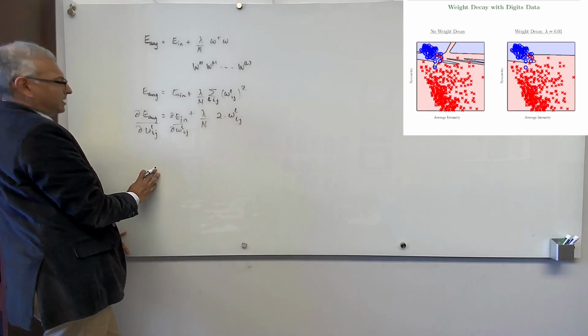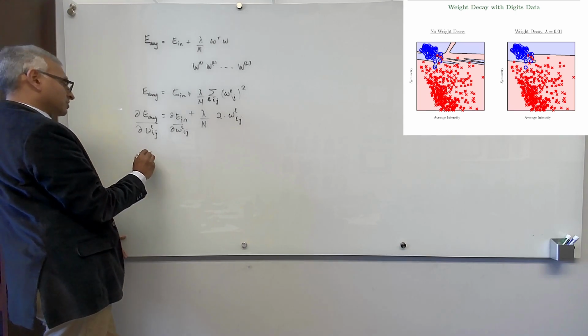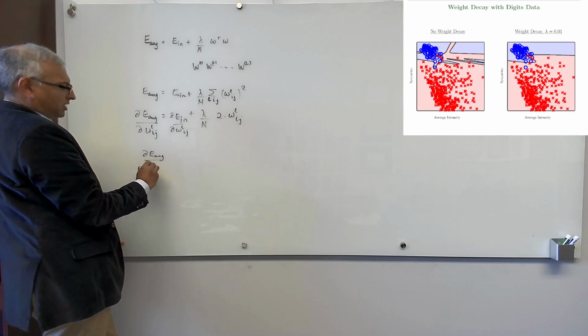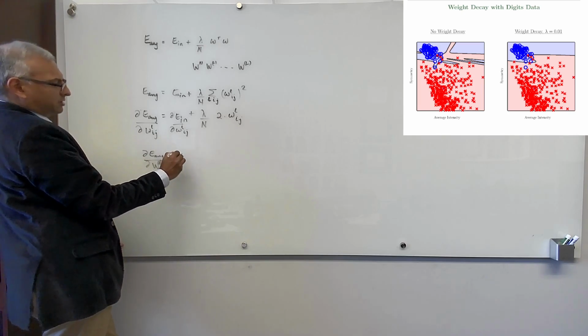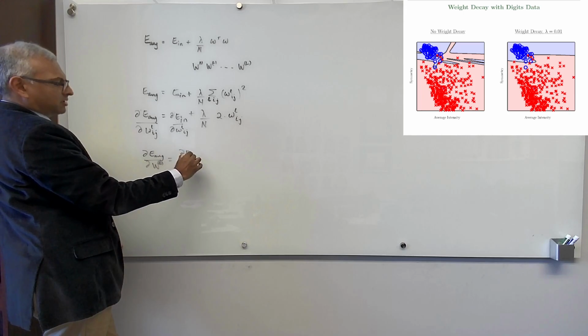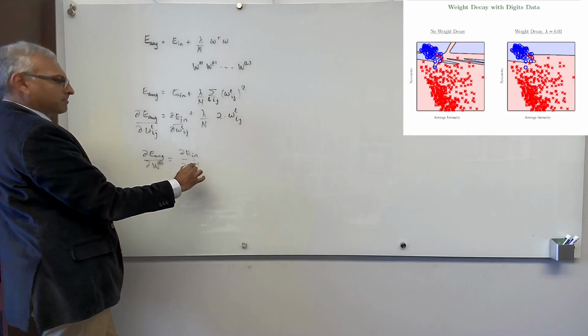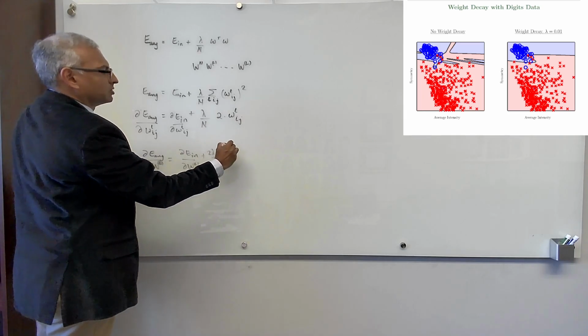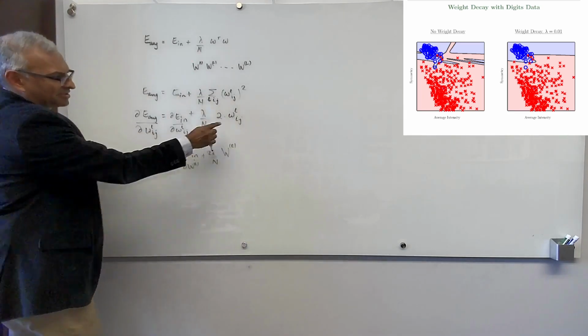And so the derivative of the augmented error with respect to the weight matrix WL will be the derivative of the in-sample error with respect to WL plus 2 lambda over n, WL itself. These are just the weights.